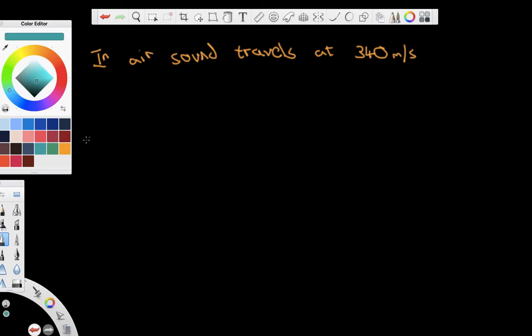So we can say that light travels, if I can spell travels, at 300 million meters per second. It is almost 1,000,000 times faster.